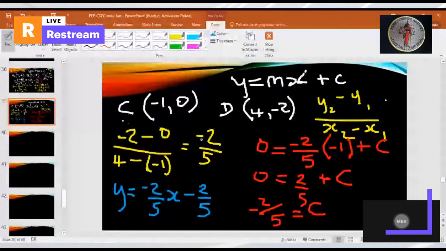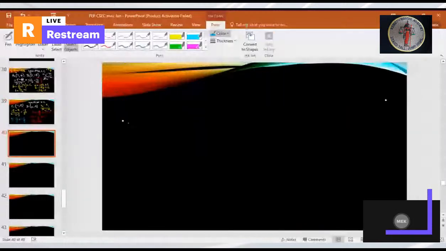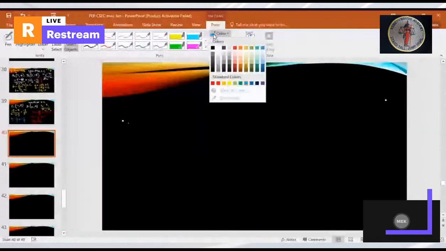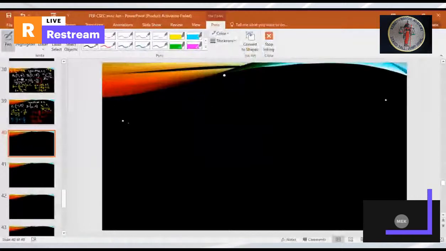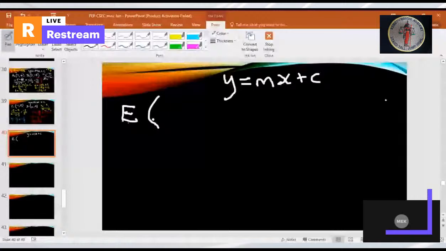Let's do one example for me, and then we move on to the perpendicular and parallel lines. y equals mx plus c, where m is the gradient and c is the y-intercept. We have 2 points, E and F. Point E is (9, -5).